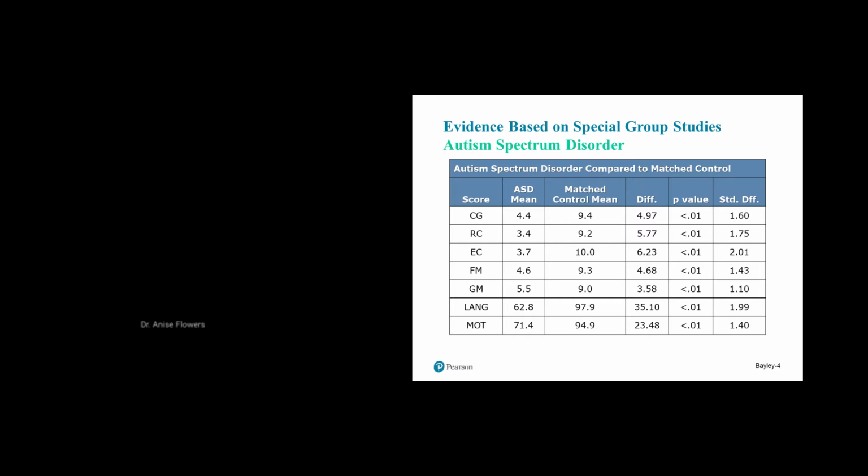Then we have our standard score for language and motor, also significantly lower than that matched control mean. That's closer to the average of 100. So this research supports that the Bayley is differentiating the development of those children that have been identified with autism spectrum disorder, because all of the scores were significantly different.